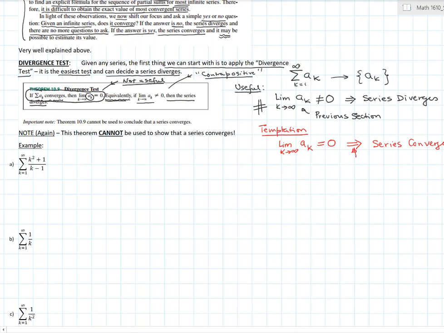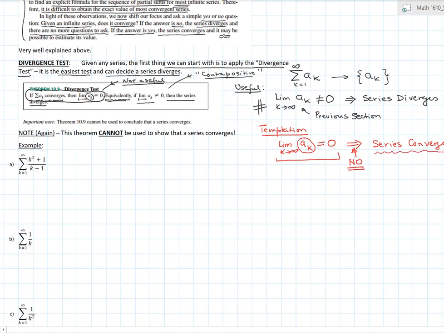Does it? The answer is no. It's very tempting, but just because the sequence ak goes to 0 does not mean that the series converges.